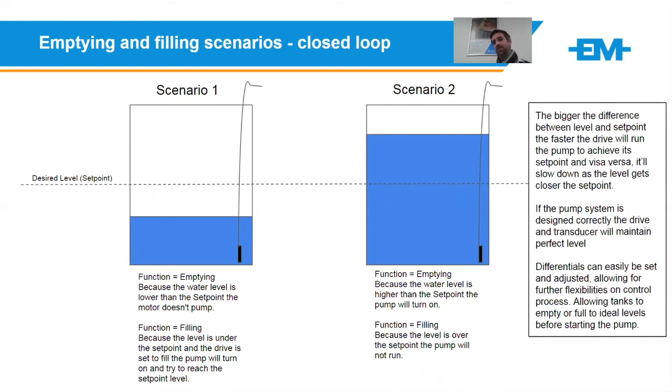It'll notice how fast the tank is filling up and slow the drive down so as not to overshoot the actual set point. If set up correctly, the drive and the system should maintain perfect level at all times. If the pump has enough capability to fill up or empty the tank in time, it will maintain perfect level, no doubt.